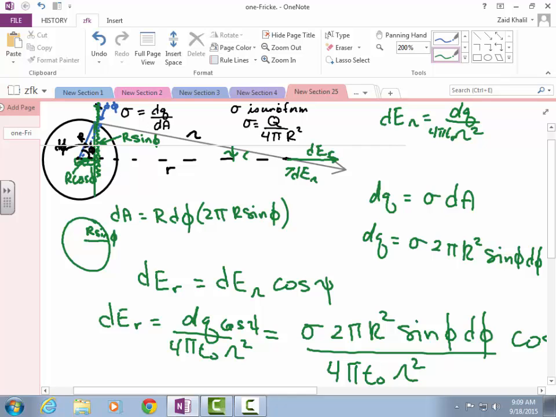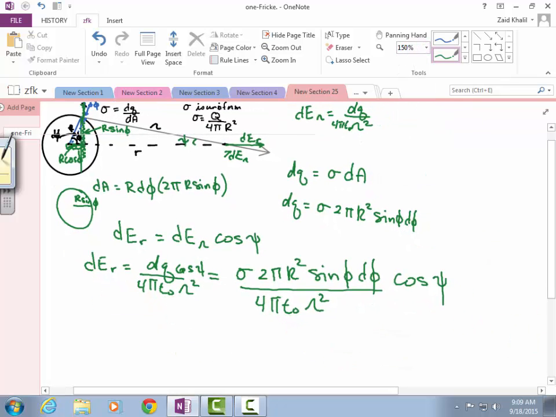So then I want you guys to tell me what cosine of psi is. It's going to be r minus r cosine phi over script R. Very good. In other words, it's going to be this length divided by script R. So we have the cosine of psi is equal to r minus r cosine phi over script R.